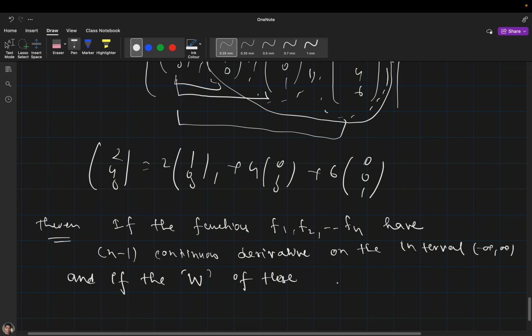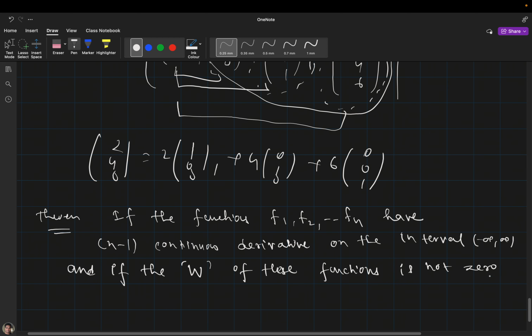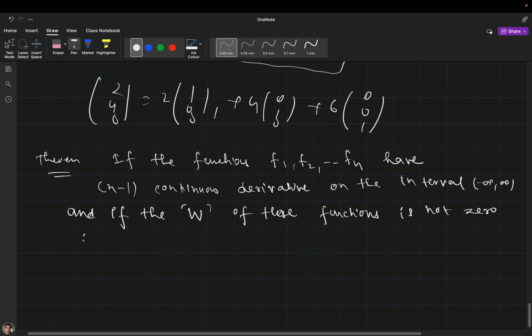And if the Wronskian of these functions is not 0, then the functions form a linearly independent set of functions.